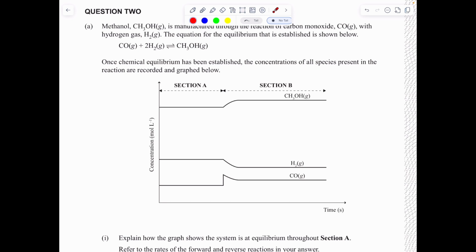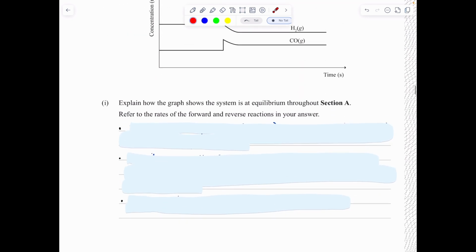Well, it's because the rate of the forward reaction to produce products is happening at the same rate as the reaction producing the reactants. So because the forwards reaction is taking the same amount of time as the backwards reaction, the concentrations of these things are staying constant. Okay, they're all being produced at the same time, producing the same amount. Okay, so how do we put that into words?